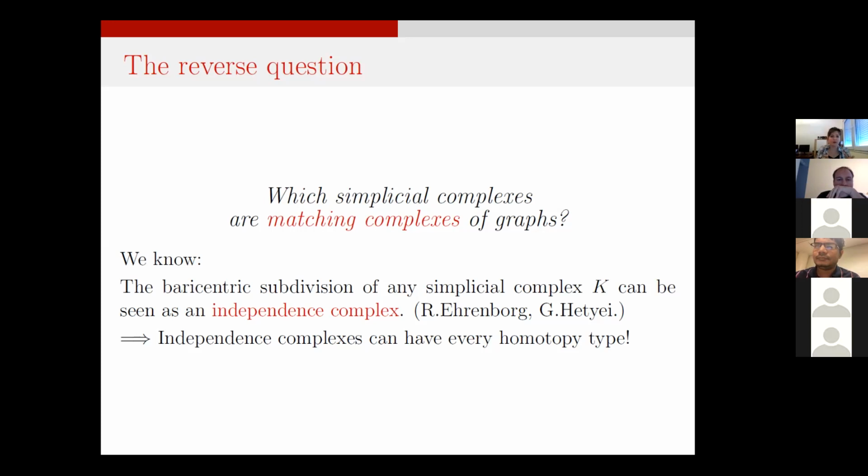So we just subdivide anything and it becomes an independence complex. So as a topologist, I could say that I can have every homotopy type among independence complexes. And whenever I have, for example, a manifold or any object, I just subdivide it and I have it as an independence complex. But what about matching complexes?